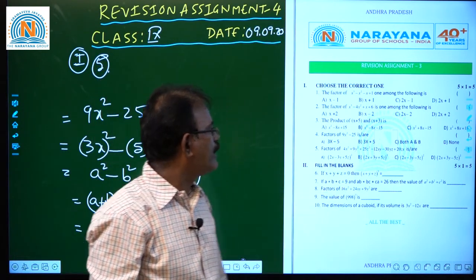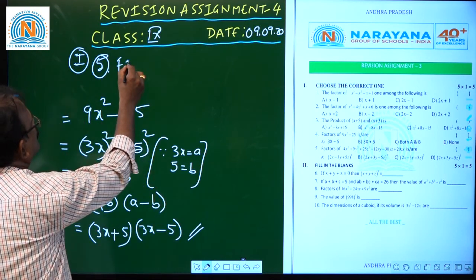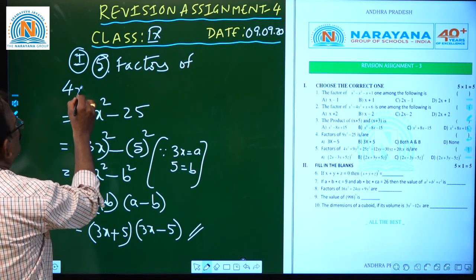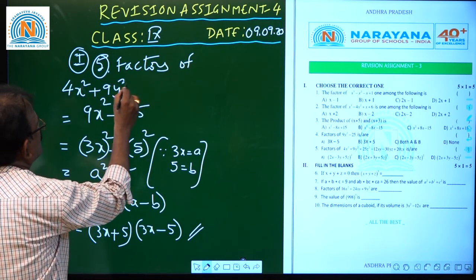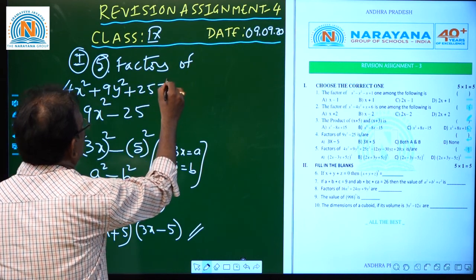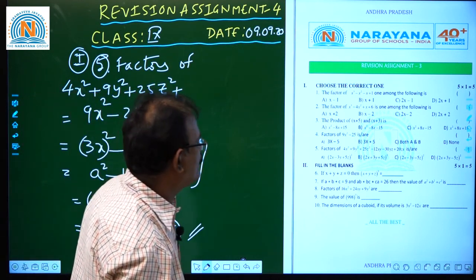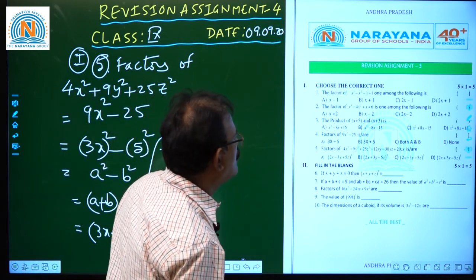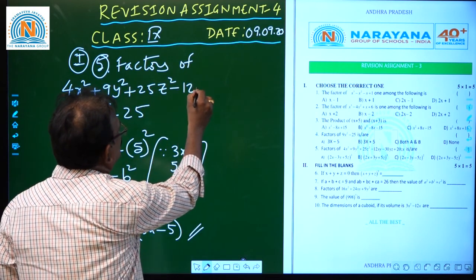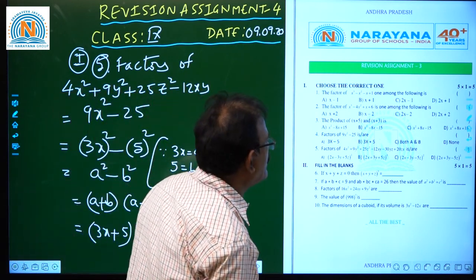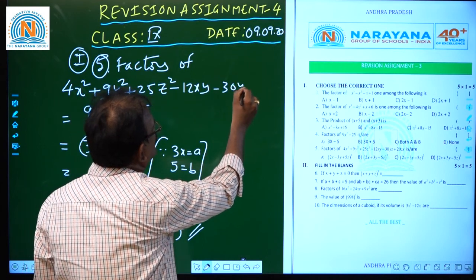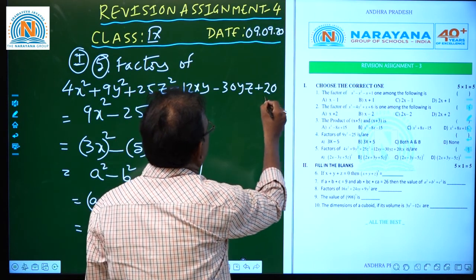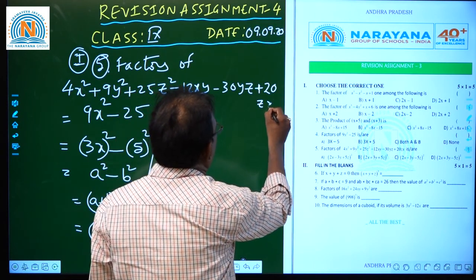Factors of 4x square plus 9y square plus 25z square minus 12xy, minus 30yz, plus 20zx.